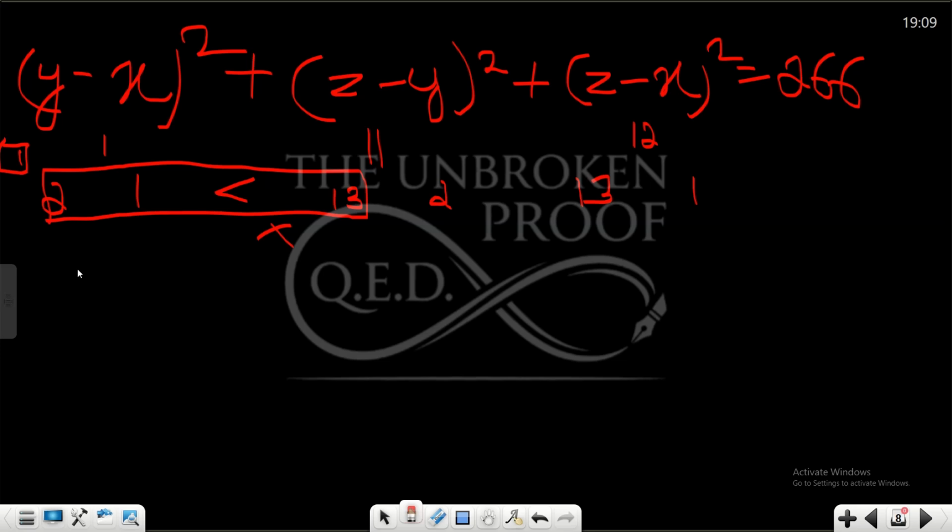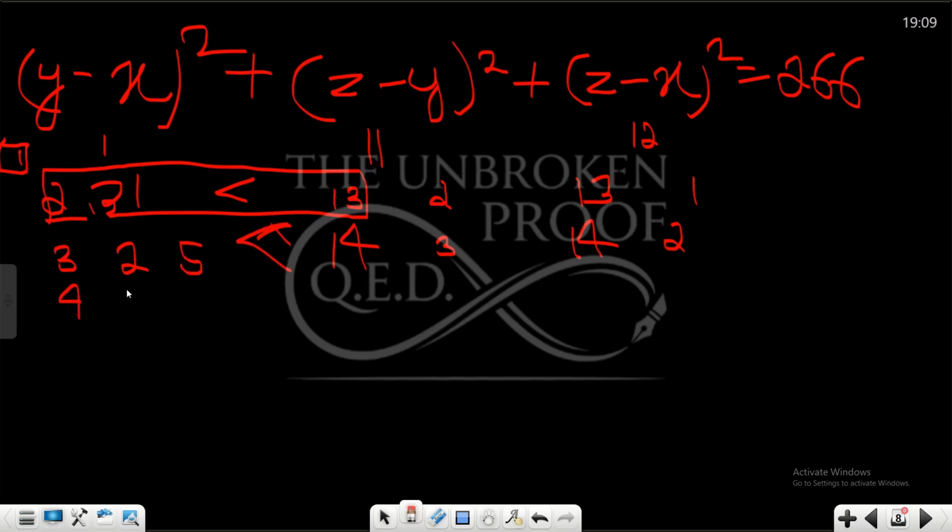So from which triplet is it possible? If you look at it very carefully, if you take 3, 2 and 14, the sum of the first two is 5, which is less than 14.